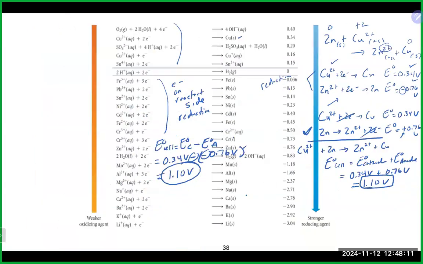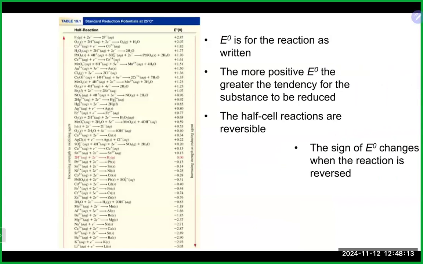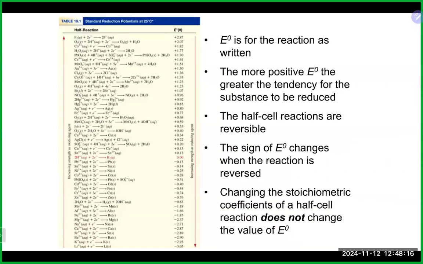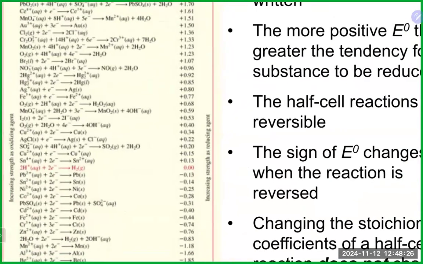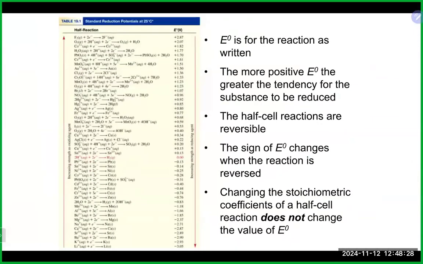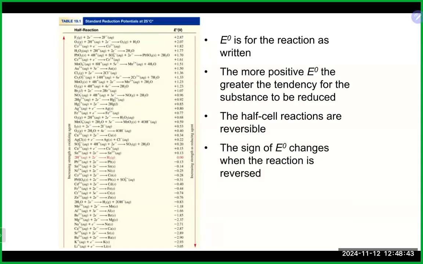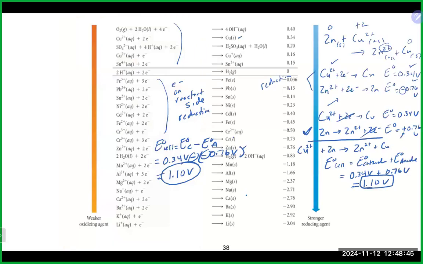So a couple other things, as we just saw there, that can happen with these values that you look up in these tables. Here's another table, which clearly you can see all those numbers. Probably not, even if I blew it up, I don't even think you can see them. But when you do write an E value for an equation, it should be the value specifically for that equation. So if you were asked to write the oxidation or the anode half reaction, and what is the E value that goes with it, for our example that we just did, which was our zinc, I think.